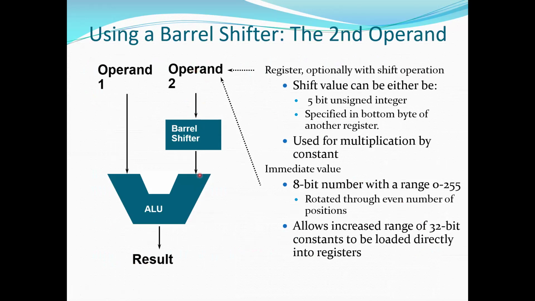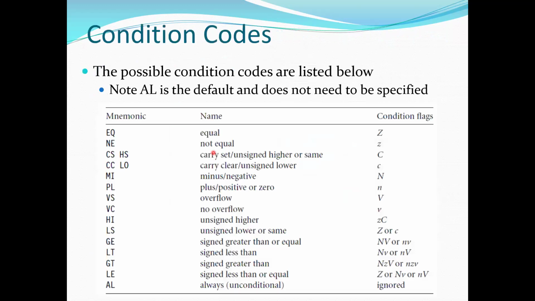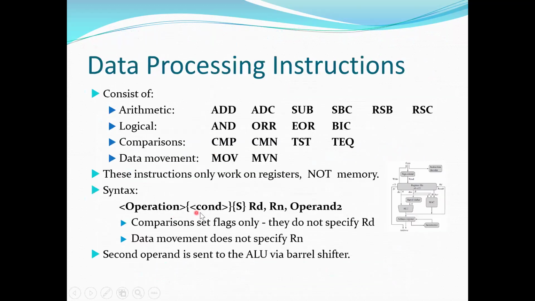It can be a simple register, or an immediate value, or a register which is scaled or passed through the barrel shifter, a shifted version of your register. These are the 3 options available for operand 2. Right? It can be a direct register, or an immediate number, or a register shifted using the barrel shifter. So this is the basic instruction format for ARM7, right?